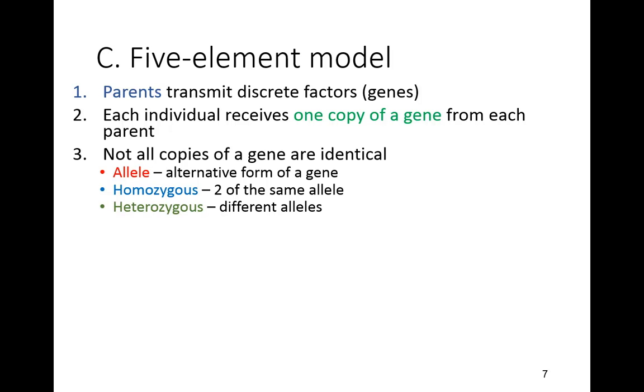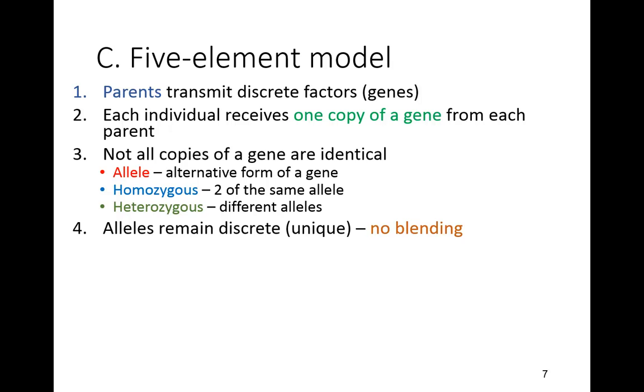So an allele is an alternative form of the gene. So here in our example, we had a purple allele and we had a white allele. If an individual has two of the same allele, so if they have two purple alleles, then they are homozygous. If they have one purple and one white allele, then it's called heterozygous.